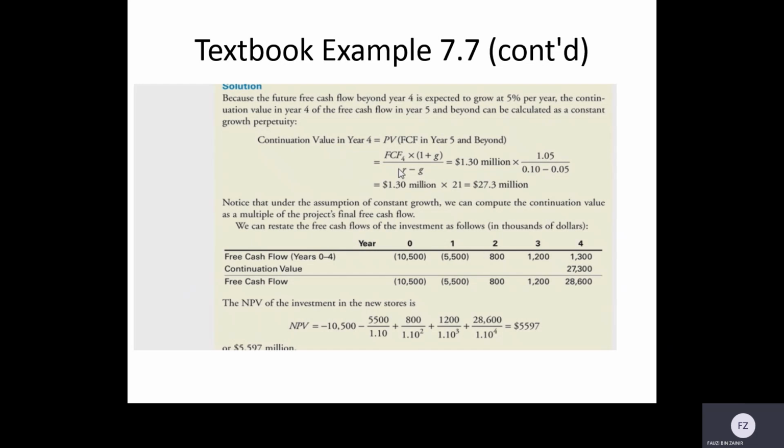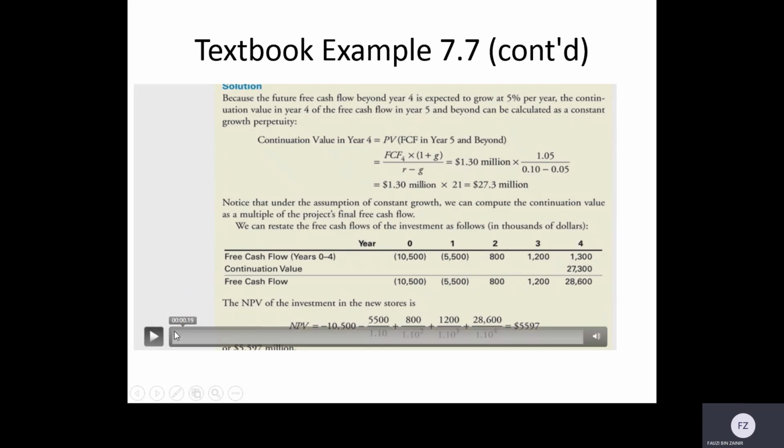So here, when we figure out the future cash flows in perpetuity, or the continuation value, we have to know the continuation value in year 4, you have the present value, and then you have the free cash flow in year 4.